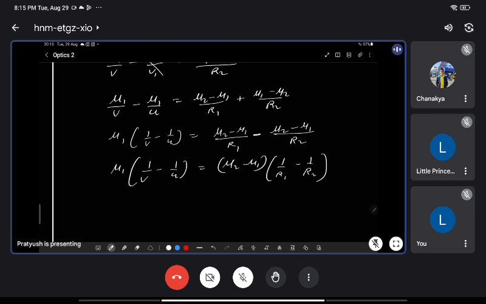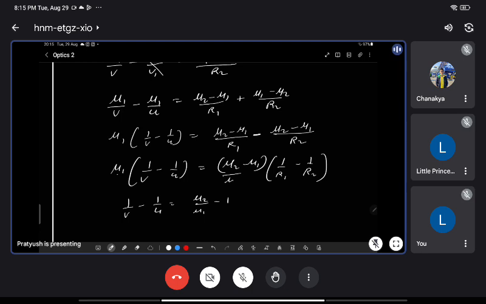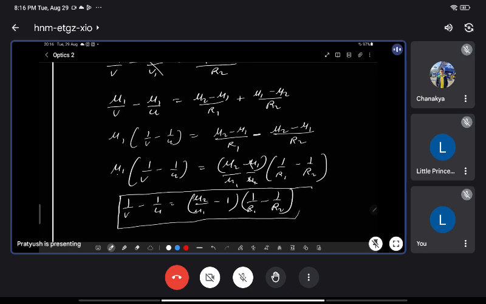Okay. Now mu1 will go on that side. It will become 1 upon v minus 1 upon u equals mu2 minus mu1 upon mu1 into 1 upon R1 minus 1 upon R2, because mu1 goes to the other side, under both of them mu1 will be written. This will cut and become 1. This is a very important formula, both from the point of view of board examinations as well as competitive examinations.